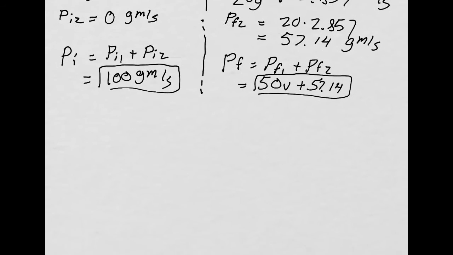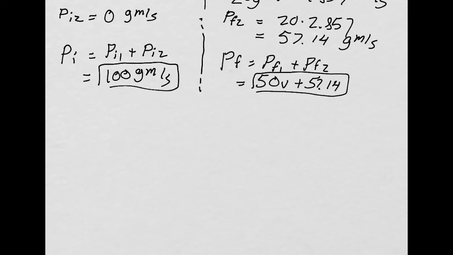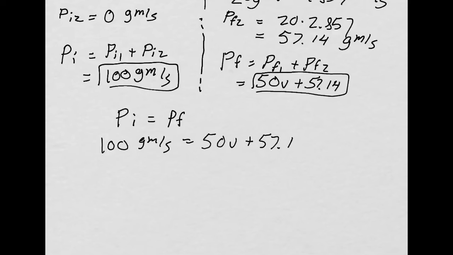If we scroll down, our law of conservation of momentum says that P initial equals P final in all collisions. So 100 gram meters per second is equal to 50V plus 57.14. That means 100 minus 57.14 is equal to 50V.